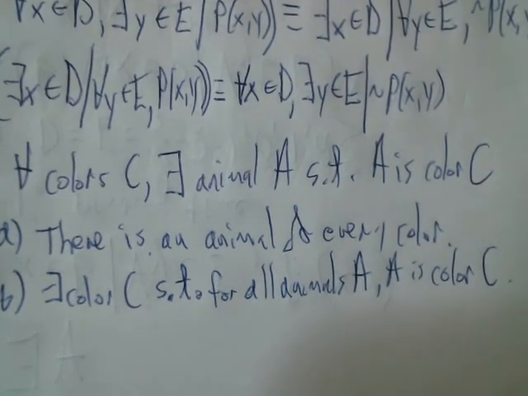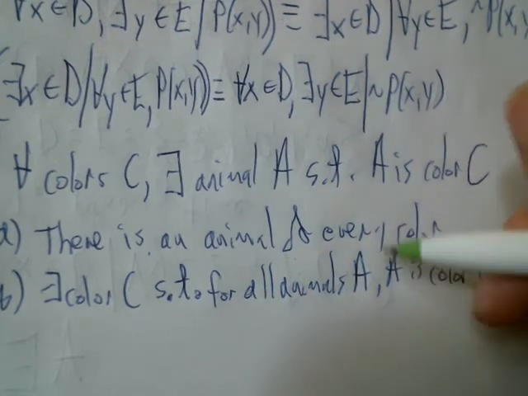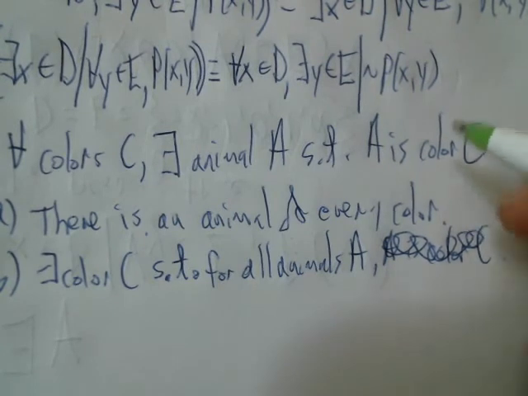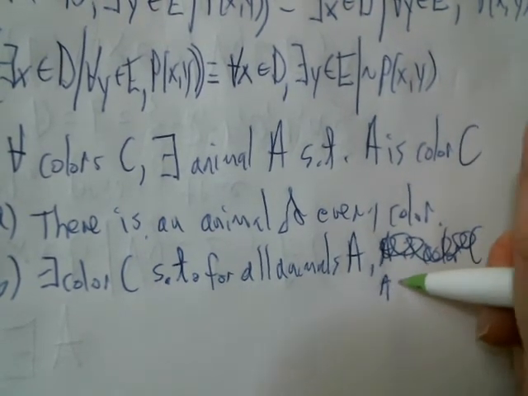That means that there's a color out there. There exists a color C such that for all animals, there's a color. Oh, sorry, I forgot to negate this part. There's the issue. Such that A is not color C.